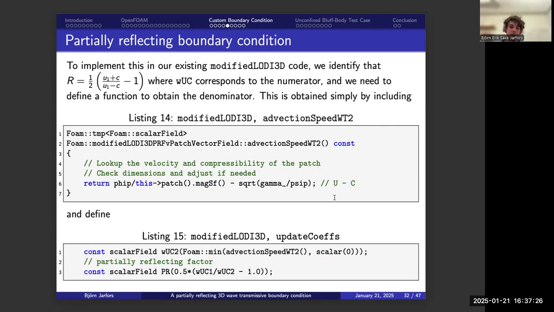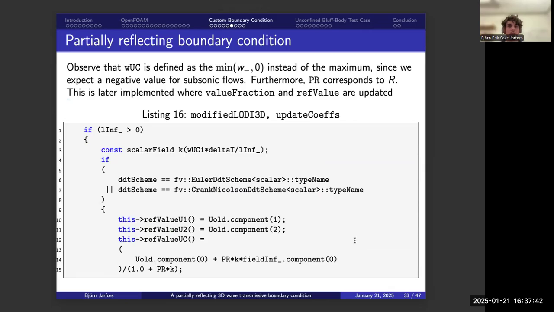So then we need to get the minimum of it. Otherwise, we would just have a 0 all the time. And then we define this partially reflecting coefficient, which is simply this R here. Now, this is just a clarification, which I mentioned.